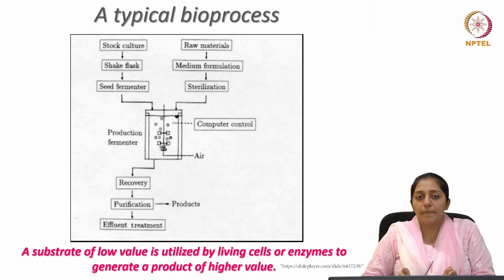Now this fermenter has different key parts. If it is an aerobic fermentation, which means the organism needs oxygen for its growth, then there are parts in the reactor which facilitate oxygen transfer to these organisms. This includes a sparging device. There will be a mixing device, which we call impellers, to create a homogeneous environment inside the reactor.